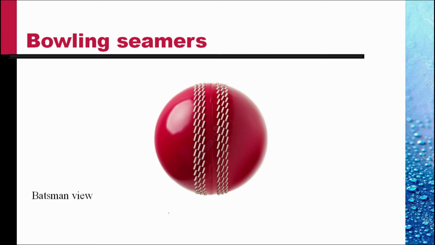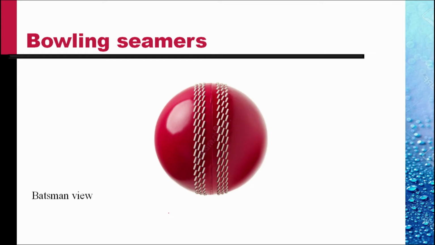If the seam is vertical, there is symmetry to the motion of the ball and the air rushing past it, and so the ball does not curve in flight. However, when it lands, the seams can make it go in either direction, to the left for a ball seaming in or to the right for a ball seaming out.